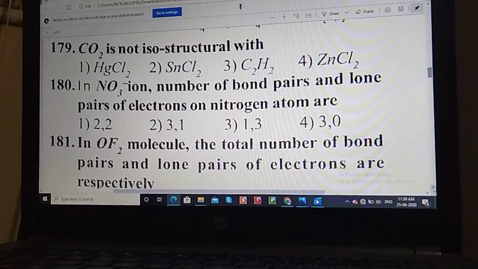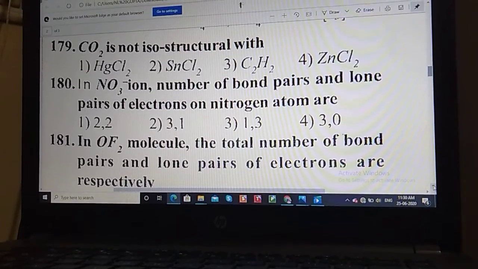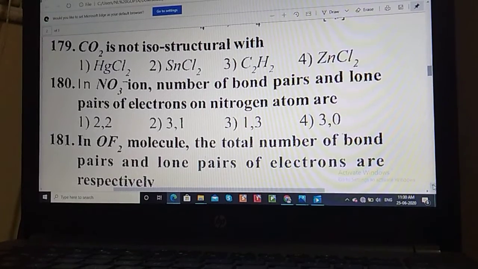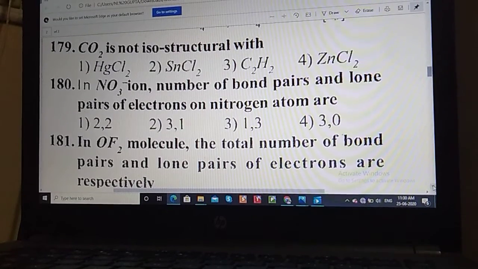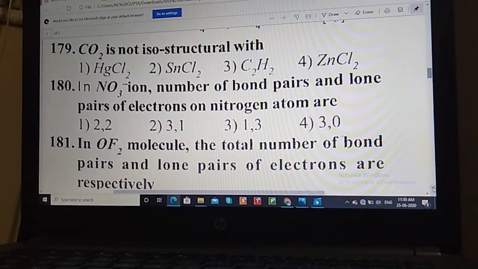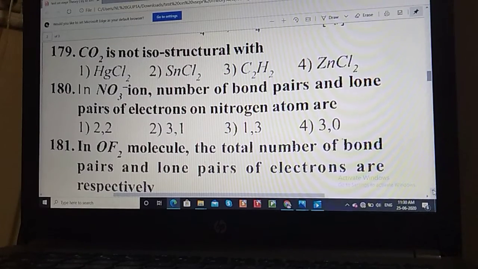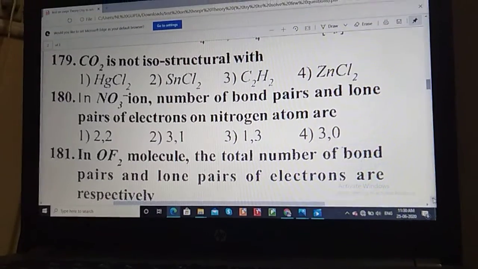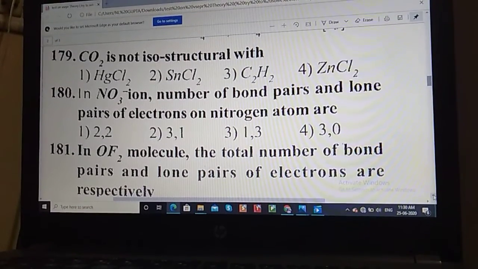In NO3 minus ion, what are the numbers of bond pair and lone pair electrons on the nitrogen atom? So they have given the NO3 minus ion, student. They are asking how many bond pairs, and next, the lone pair electrons. So the molecule is NO3 minus.